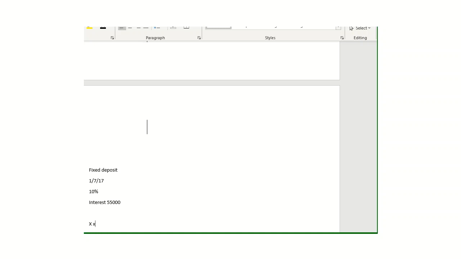It was from the 1st of July to the end of our year, which is 28 February 2018. So from the 1st of July till 28 February is July, August, September, October, November, December, January, February.